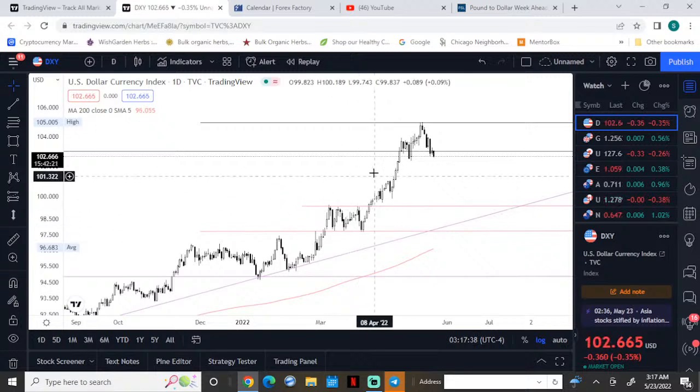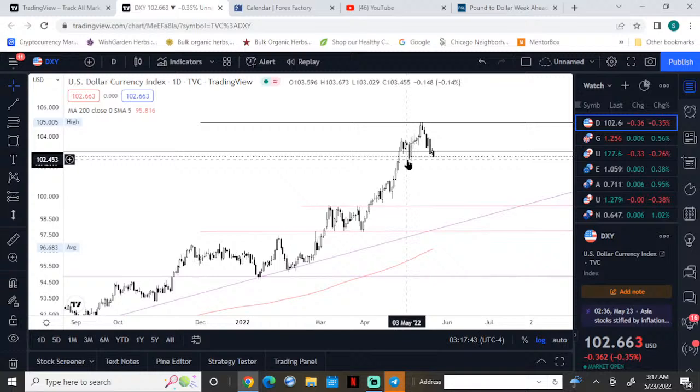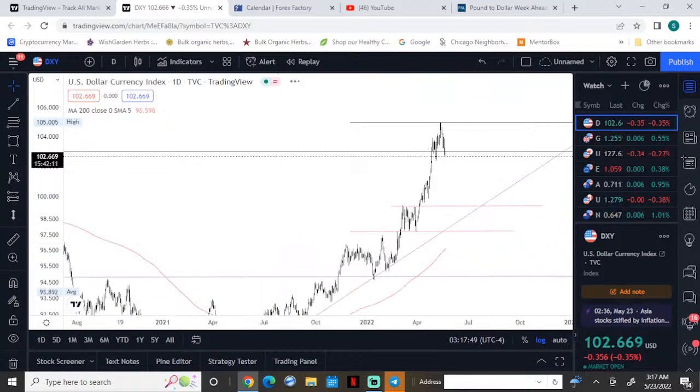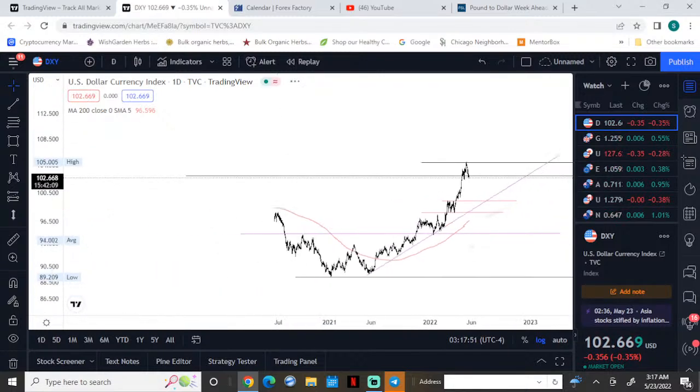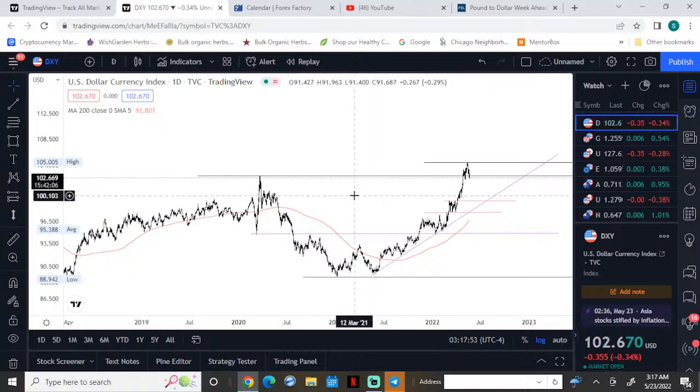Now, let me see. I'm trying to see if I want to mark May the 3rd. This right here is a daily zone. So I have to come over here to the left just to see what's in this area.